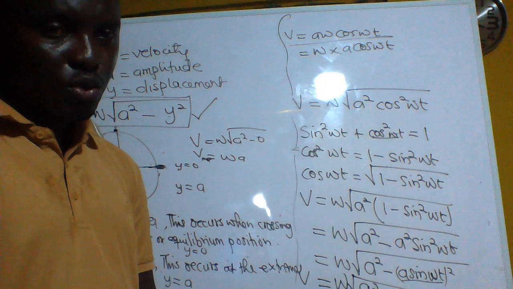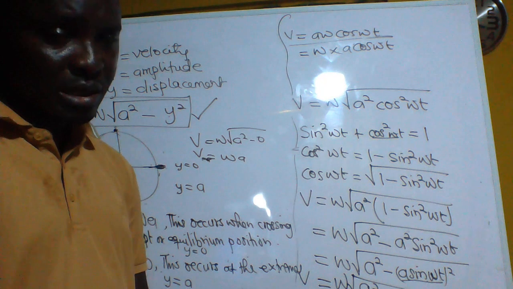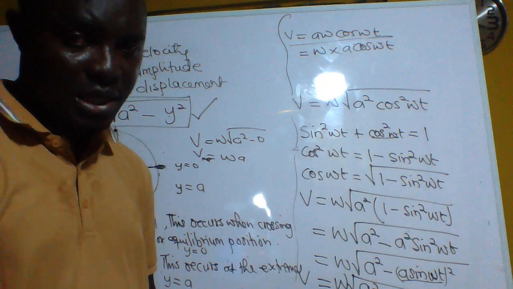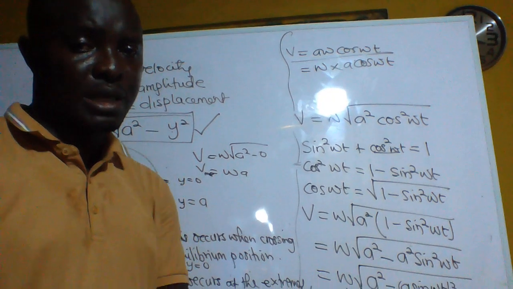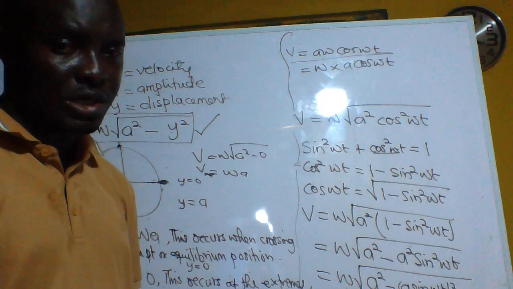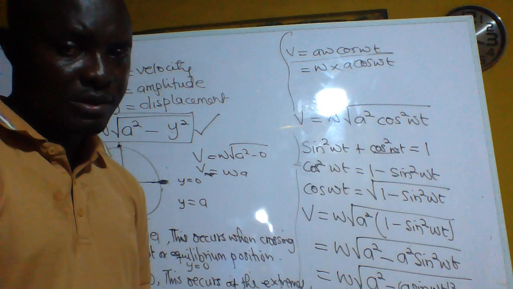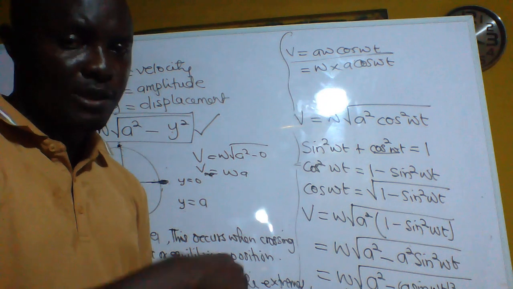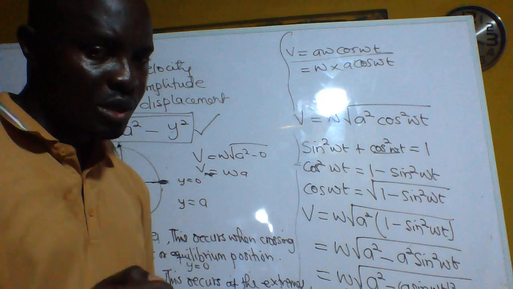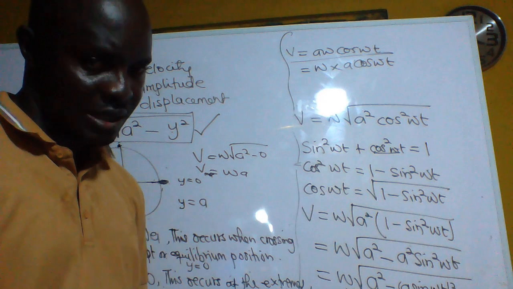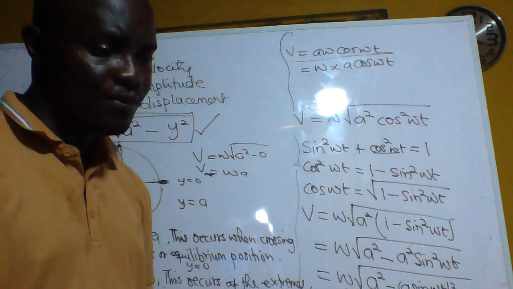Alright, we'll meet once again in another time to look at the acceleration of a body in simple harmonic motion. Yes, if we realize that as the object moves, its velocity is changing from the equilibrium position to the in-between and then to the extremes. If the velocity is changing, then it also means that the body is accelerating, because acceleration is change in velocity with time.